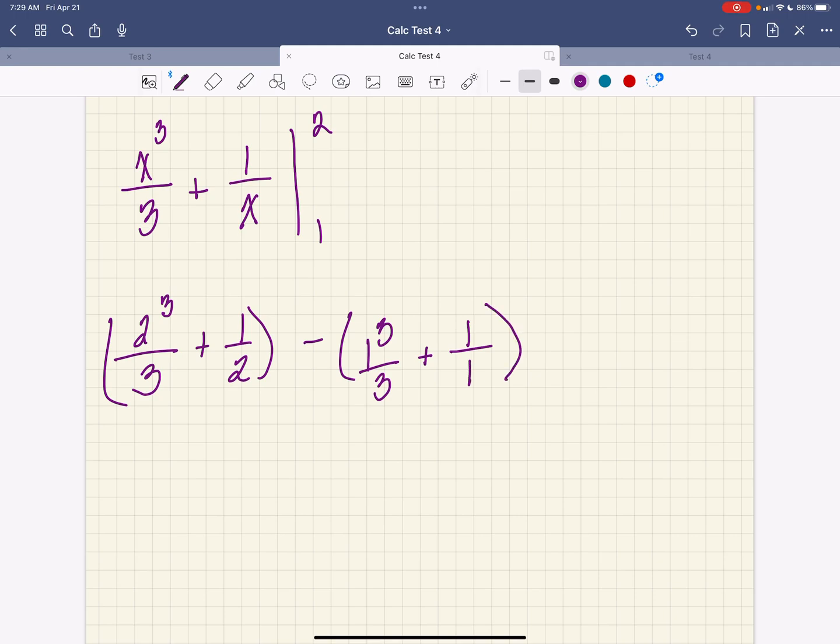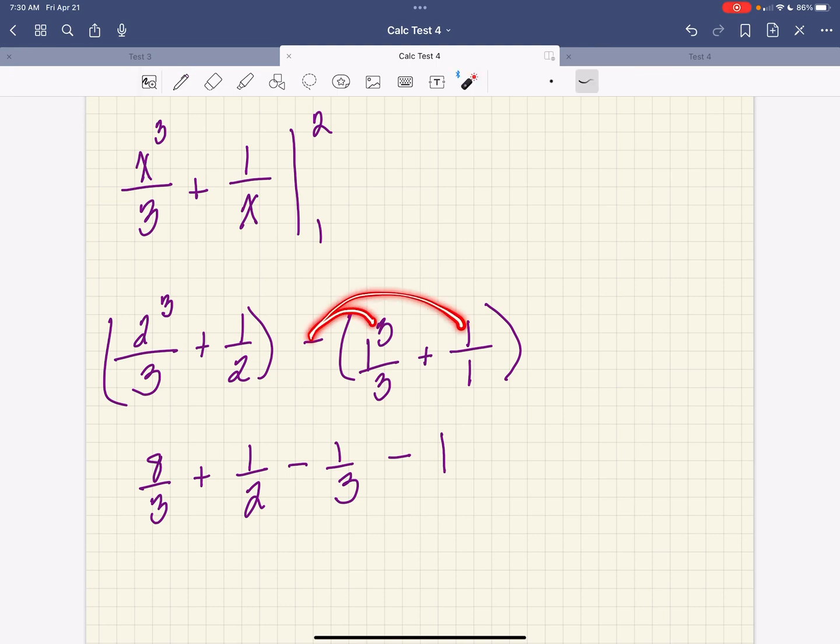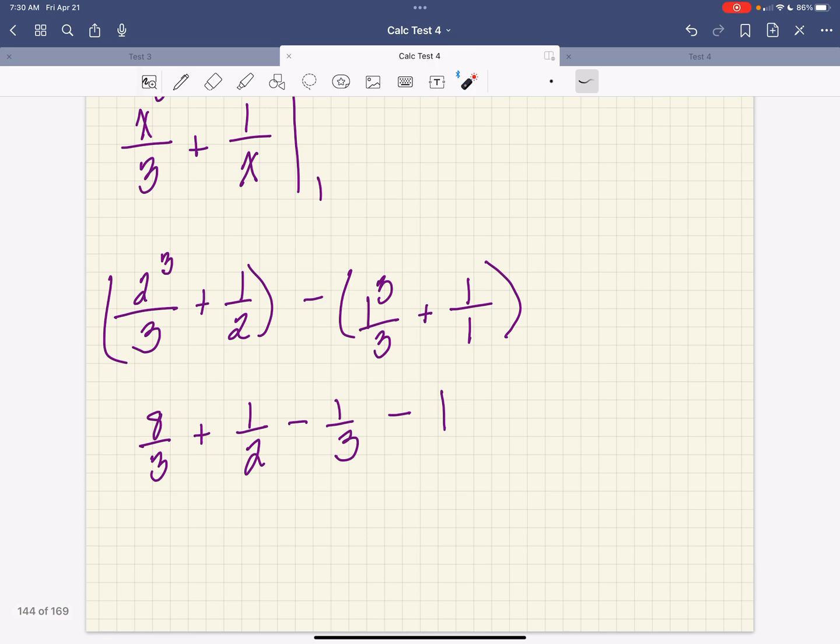Okay, 2 to the third is 8, so I have 8 thirds plus 1/2. Now remember, we are subtracting both of these. So I am subtracting 1/3, and then I am subtracting 1. Okay, so don't forget to distribute that negative. Oftentimes students make mistakes with positives and negatives. Okay, so now I've got 8 thirds minus 1/3. So that is going to give me 7 thirds.